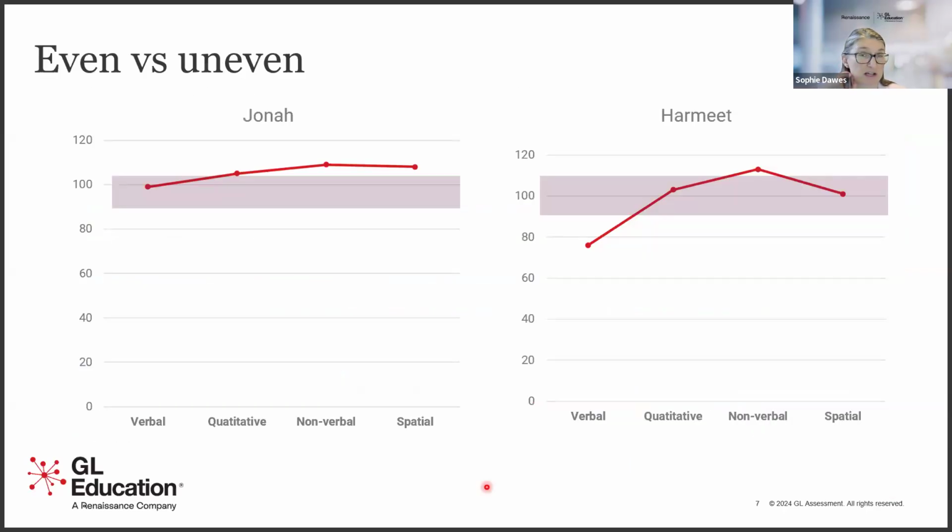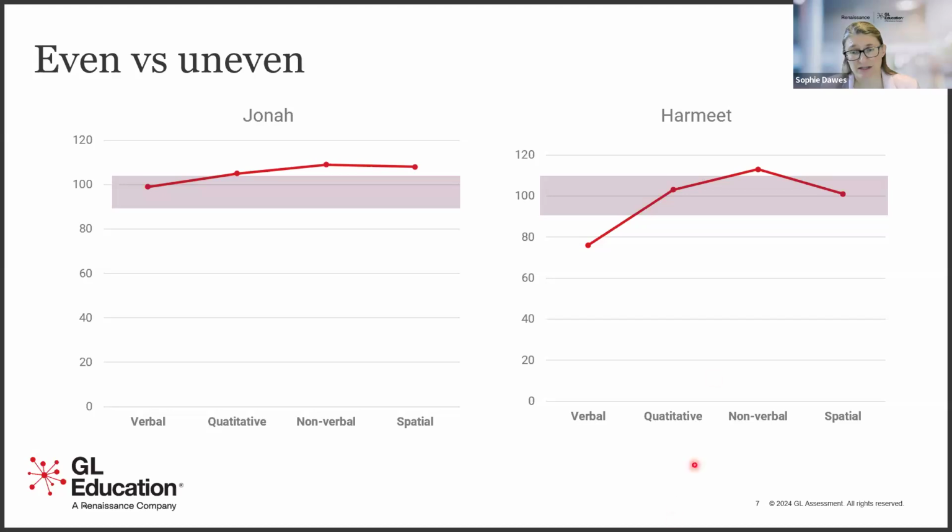We also describe learners as having an even versus an uneven profile. If we look at Jonah here, his scores are broadly aligned. It's not quite a horizontal line, but it's fairly close together. And so that means that his individual abilities are very close to that average ability, and there's no one area of specific or relative strength or challenge.